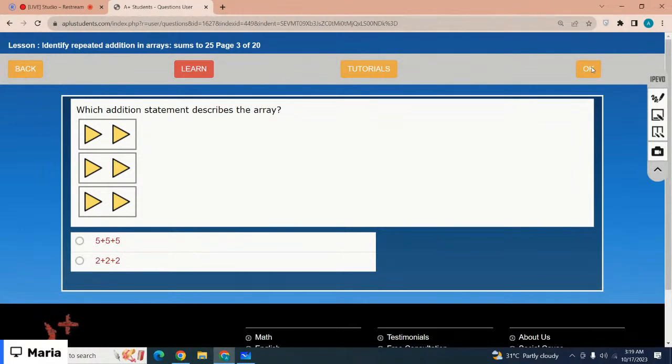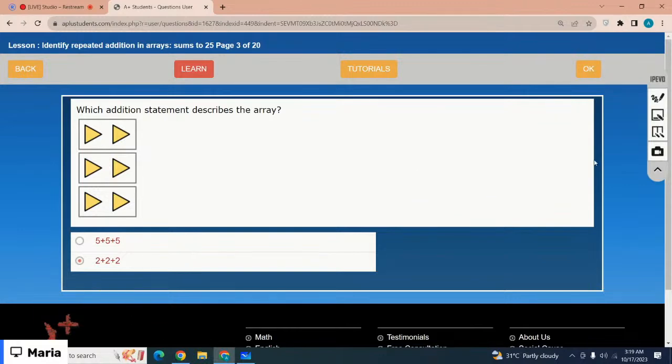Which addition statement describes the array? Which is the correct option? Yes, the correct option is option number 2.